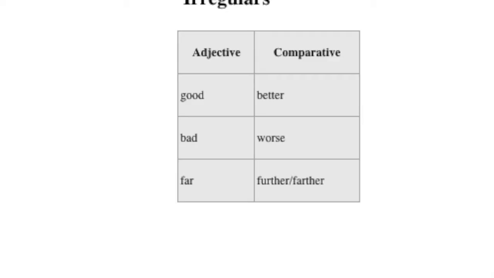Okay, better. And bad becomes, this is a bit more difficult, more difficult. It's a comparative. Worse. Okay. And then we have far. Okay. Far becomes farther or further. Okay, there are two versions of it.